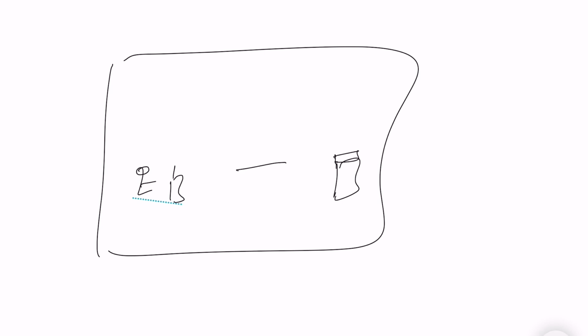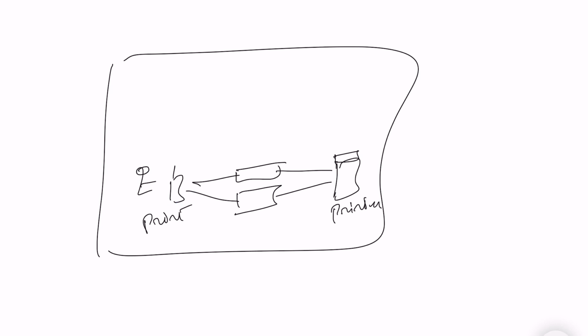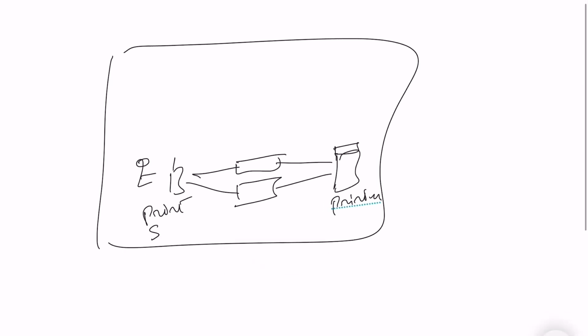Now there is a network in between, there are switches. If you don't know what switches are, I can explain that in my later videos. But in this example, if you want to print from a printer, you send out a print, and some paper comes out.